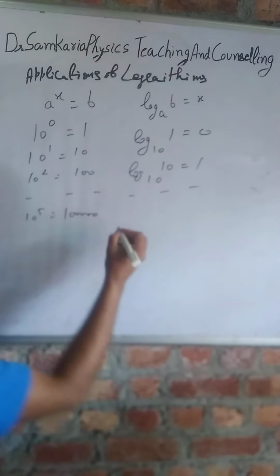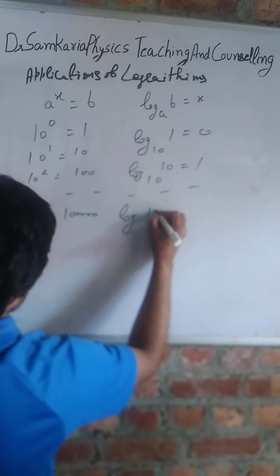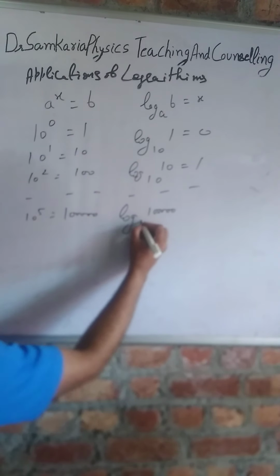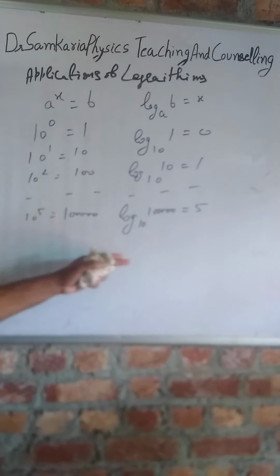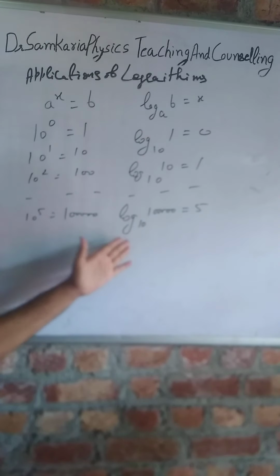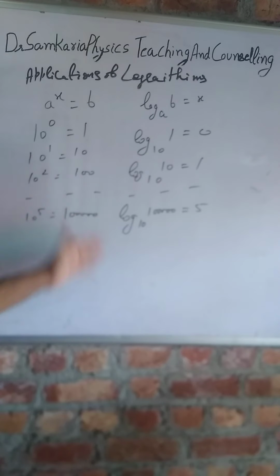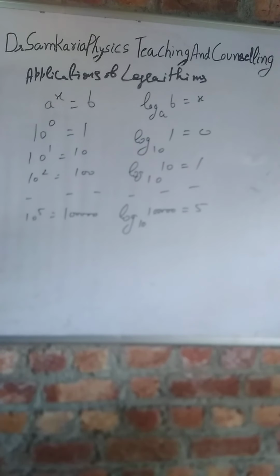Similarly, log of 100000 to the base 10 is equal to 5. Or you can say that log of 10 to the power 5 to the base 10 is equal to 5. So students, clearly you can see from this that when you take the logarithm to the base 10 of these numbers, you get numbers like 0, 1, 2, 3, 4 and 5.